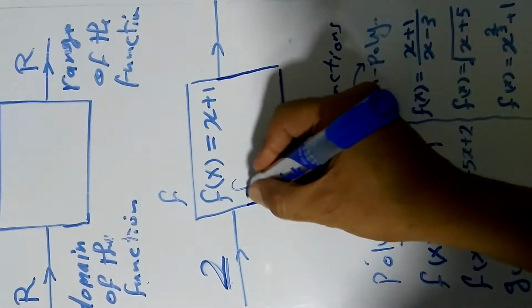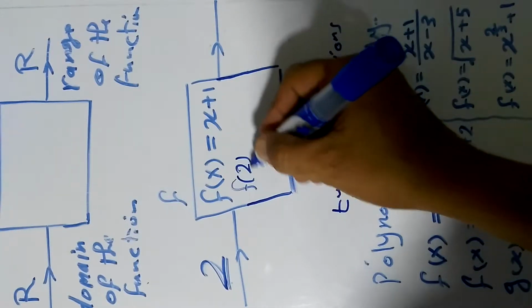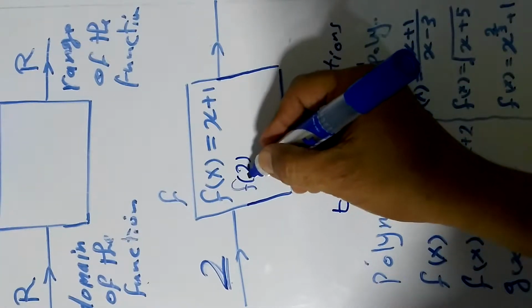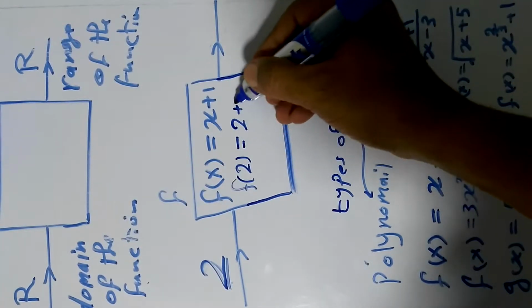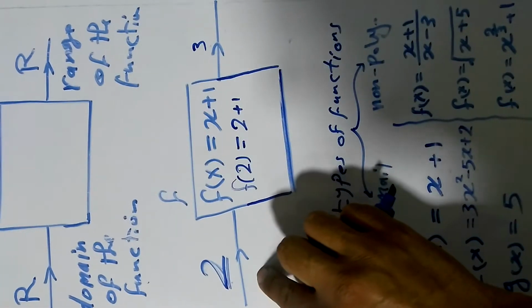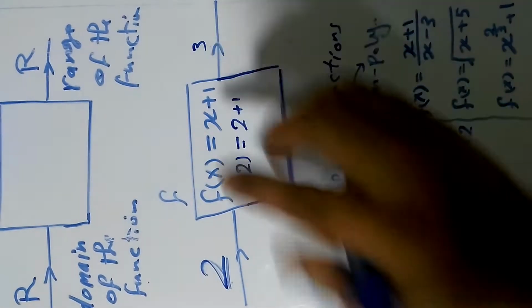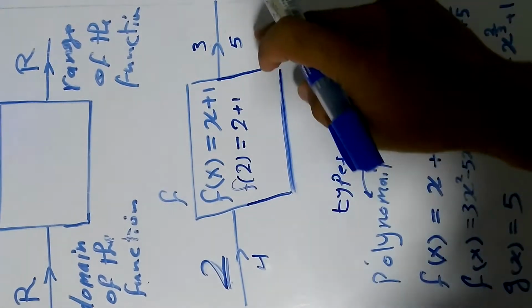So if you put 2 in, you follow this rule: f of 2 equals 2 plus 1, which is 3. You put in 2, you get out 3. You put in 4, you get out 5. You put in 6, you get 7, and so on.